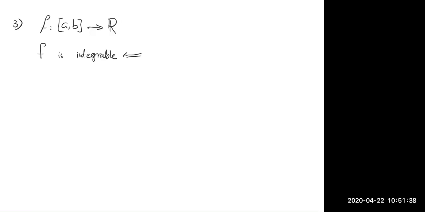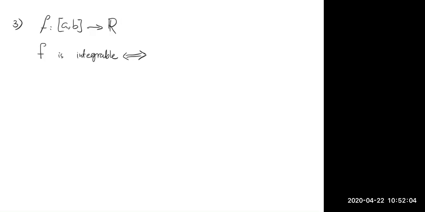If and only if. Does anyone know what is the criterion for this thing to be correct? If it's continuous almost everywhere? Yes, so that is almost correct.